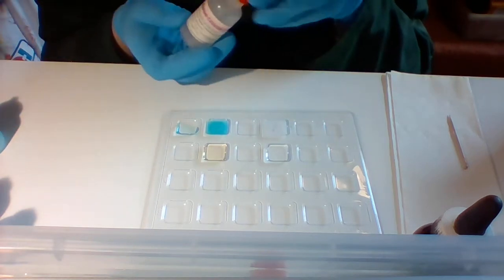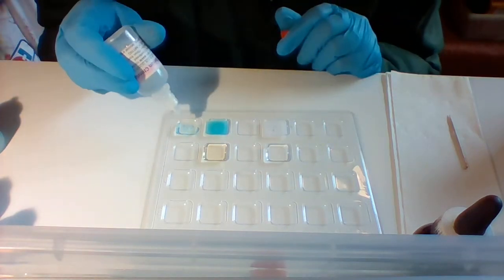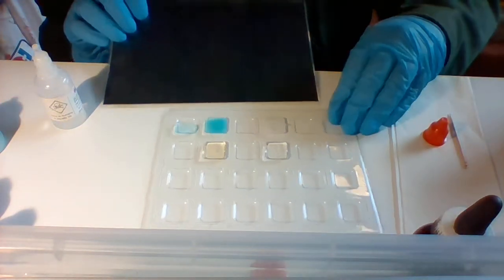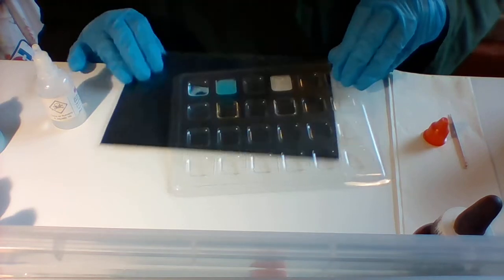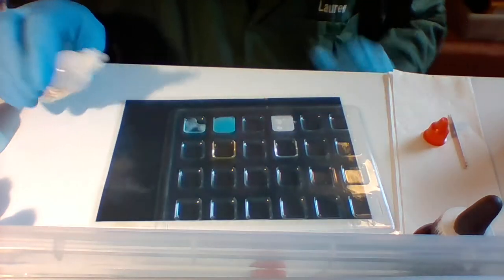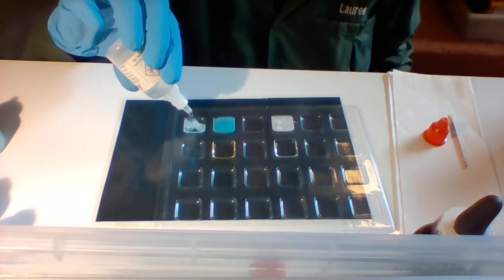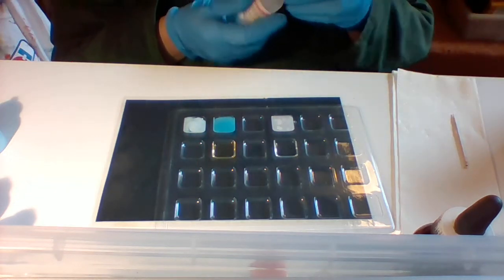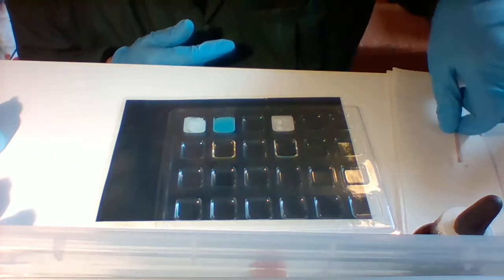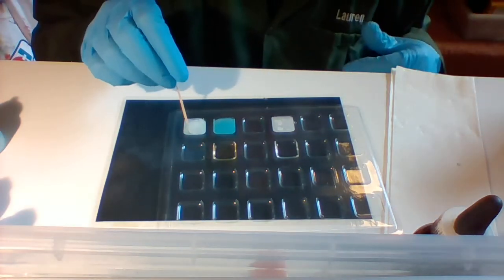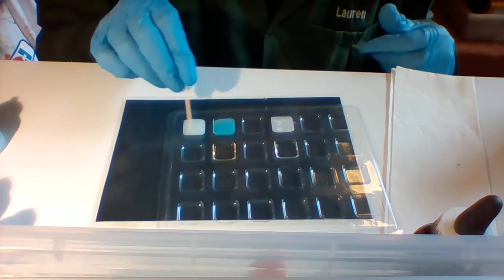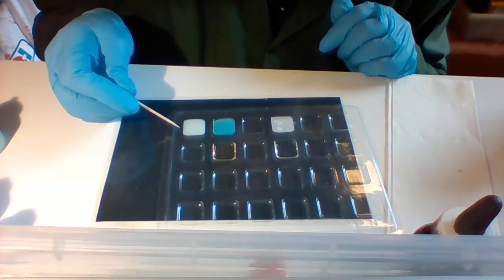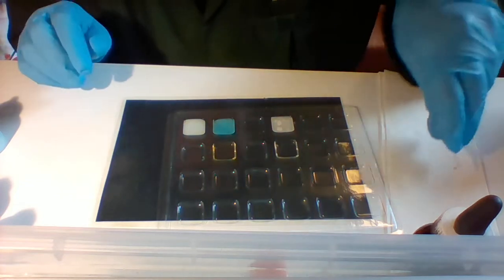I'm going to add barium chloride. Just going to put it on here. All right. Definite chemical reaction there. So that is copper sulfate and barium chloride.